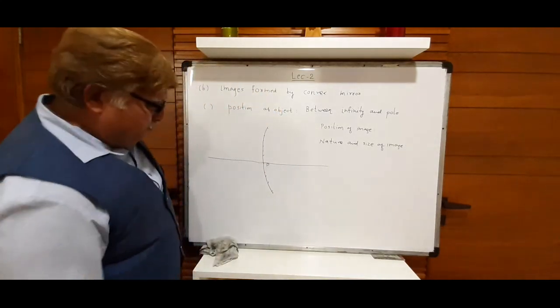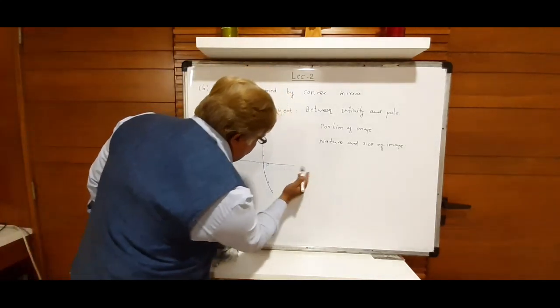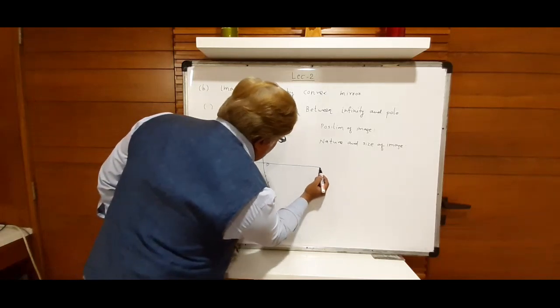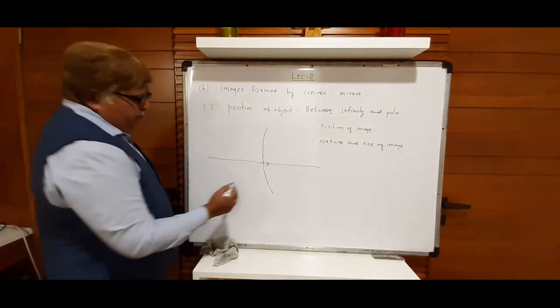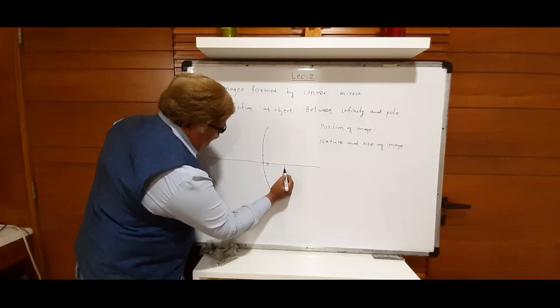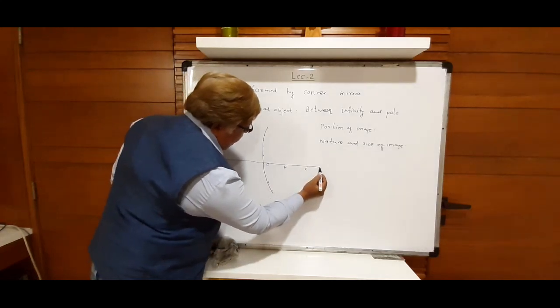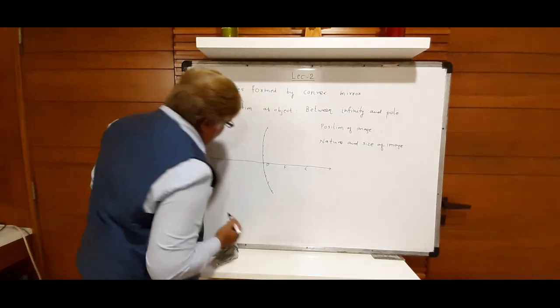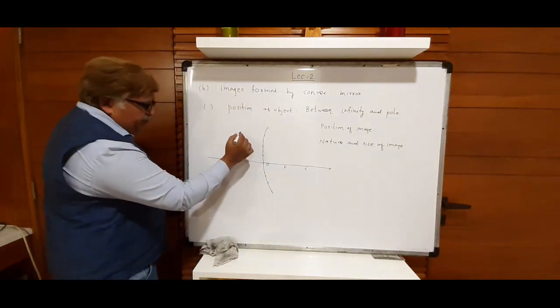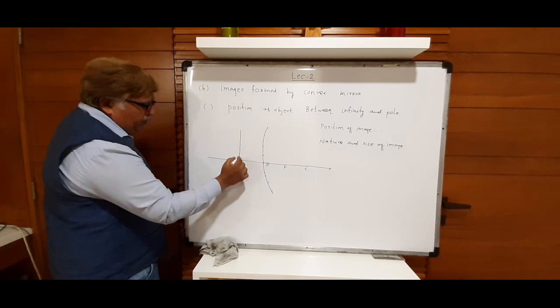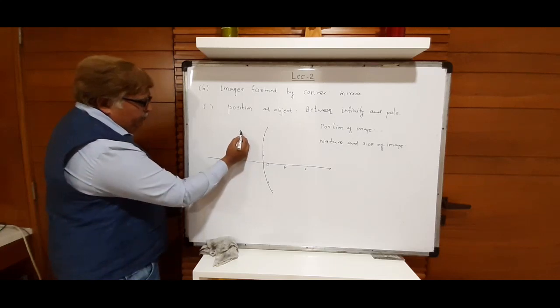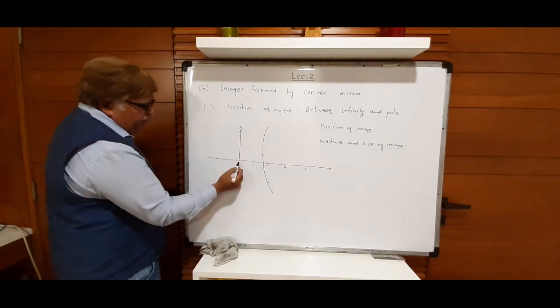Now, as you know, focus and center of curvature. The object is, suppose, here between infinity and pole. AB is the object.